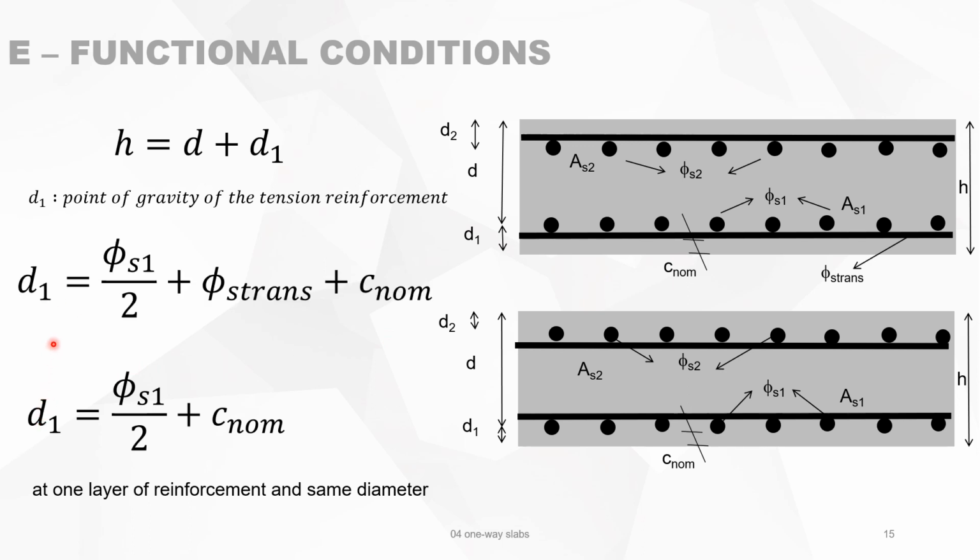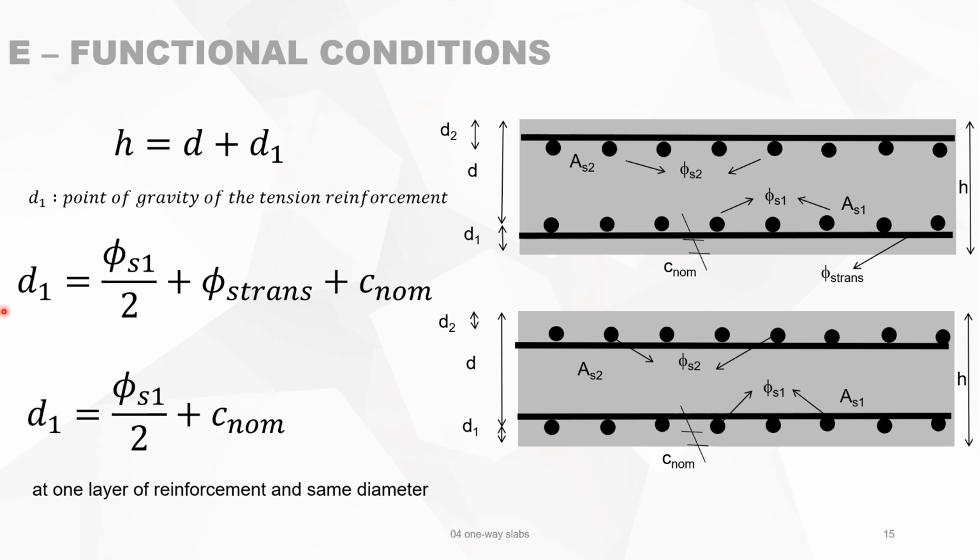Then D1 is when you have the same diameter of reinforcement, which is mostly the case in slabs, and you have only one layer of reinforcement in the same direction.